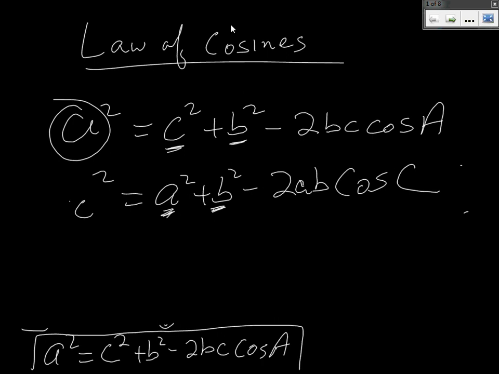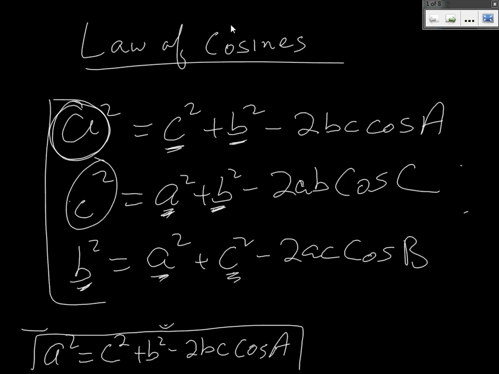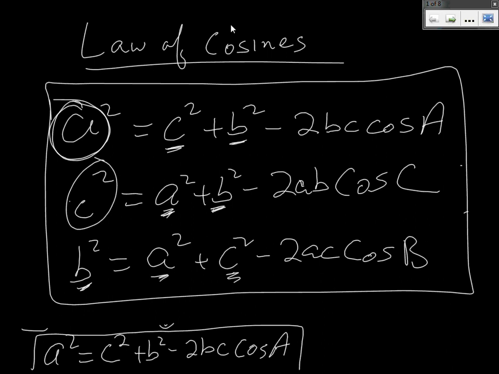Third formula: instead of having a squared first, or c squared alone on one side of the equation, I can have b squared. And it's going to be the other leg squared plus the other leg squared. And it's going to be minus 2 times this times that, times the cosine of not little b, but big B. There are the 3 different ways of writing the law of cosines.